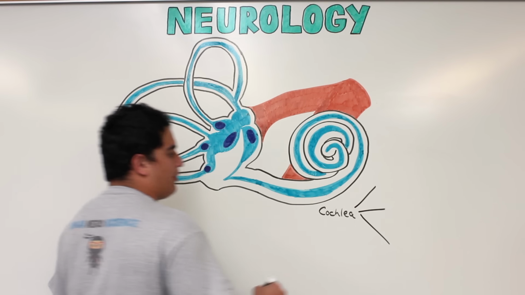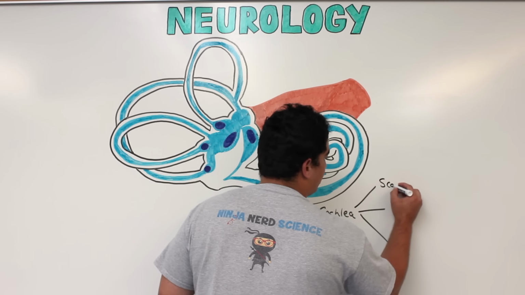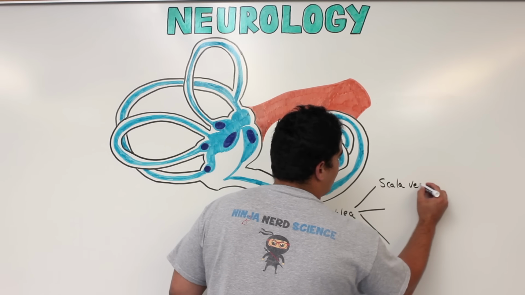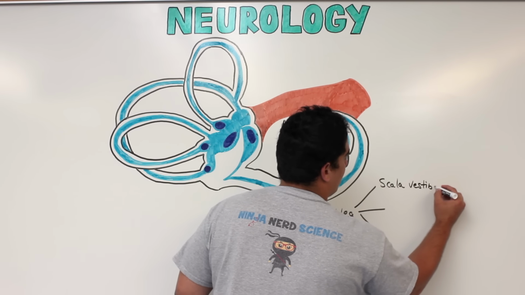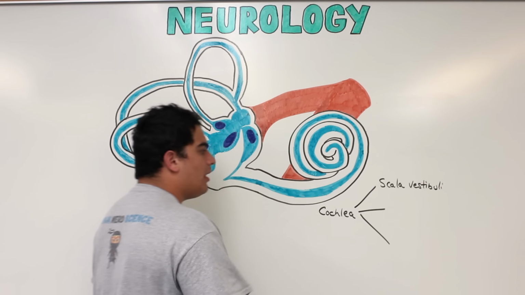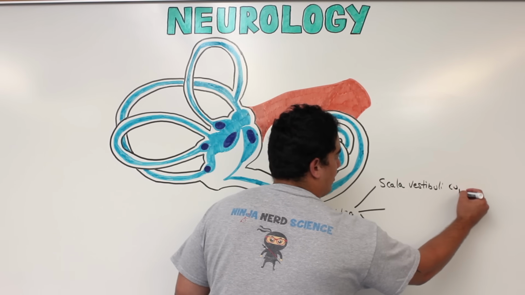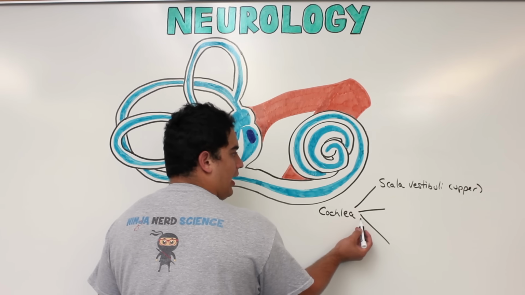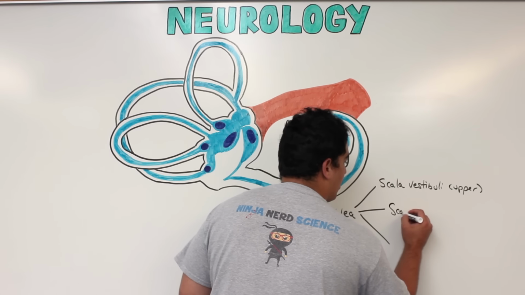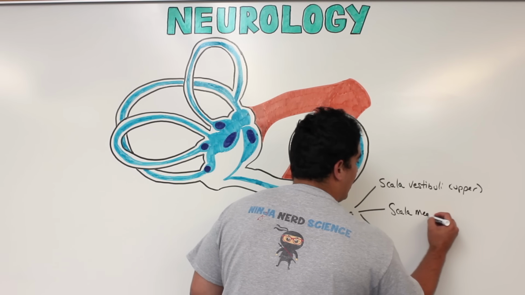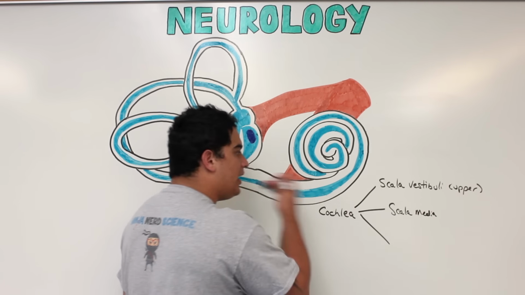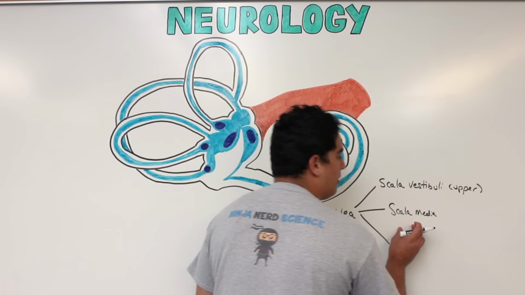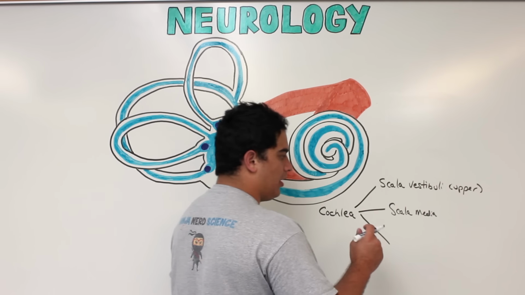One of the chambers is called the scala vestibuli. This is the upper chamber. In the middle is what's called the scala media. The scala media is really important because this is going to be a nice little endolymph-containing structure.